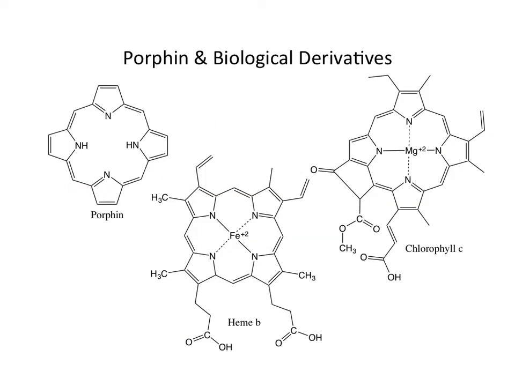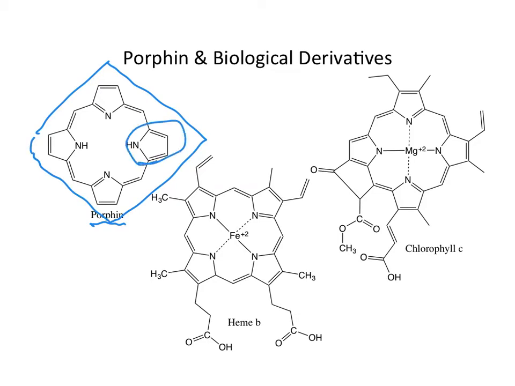So this is just showing the structures. This is the molecule porphin, the parent structure of all of these molecules. We're going to create the tetraphenyl derivative of this. But you can see the elements of the porphin are nitrogen-containing rings that are aromatic and bridges between them of one carbon that are unsaturated.